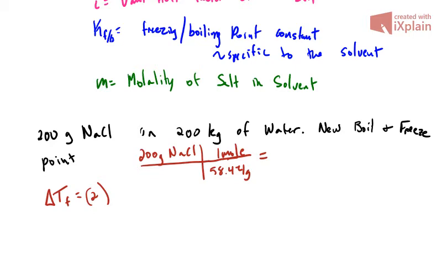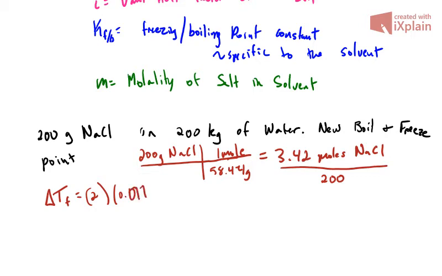So when I find out how many moles that is, I get 3.42 moles of NaCl. I divide that by the kilograms of solvent, which is 200, and I get a molality of 0.0171, and that is moles per kilogram.